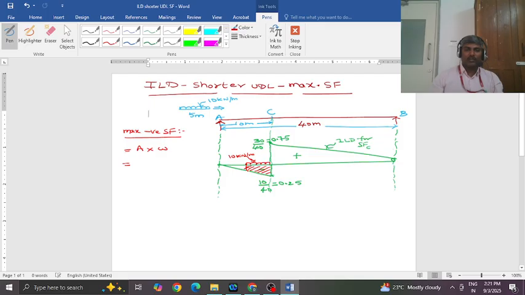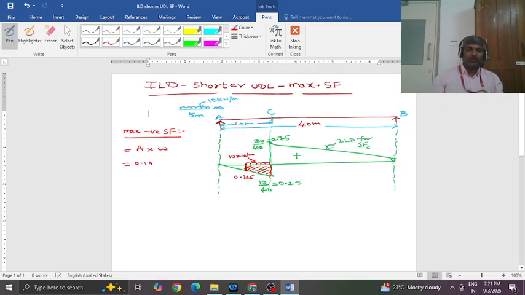So area here is, it is trapezoidal area, and this is 0.125 is the ordinate here, and this ordinate here is 0.25. So if you work out from similar triangles, you will get 0.125.